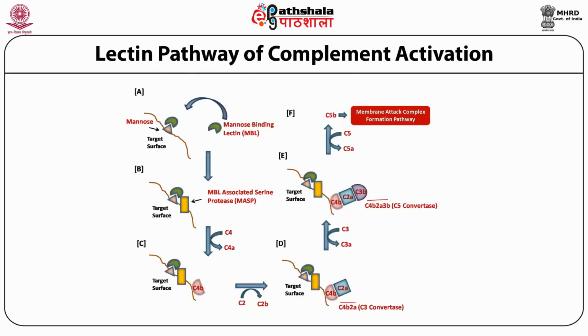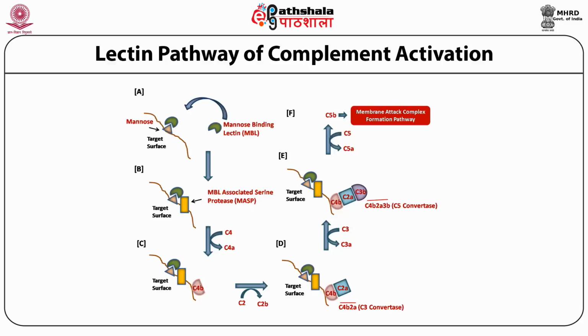The lectin pathway is also an antibody-independent innate immune system component. Lectins are proteins that bind to carbohydrates. This pathway initiates with the binding of mannose binding lectin, that is MBL, to mannose residues on the surface of microorganisms. MBL is an acute phase protein analogous to C1q of the classical pathway.